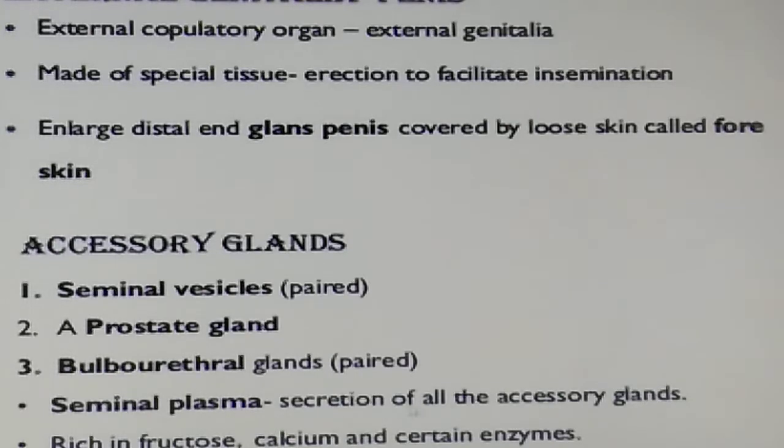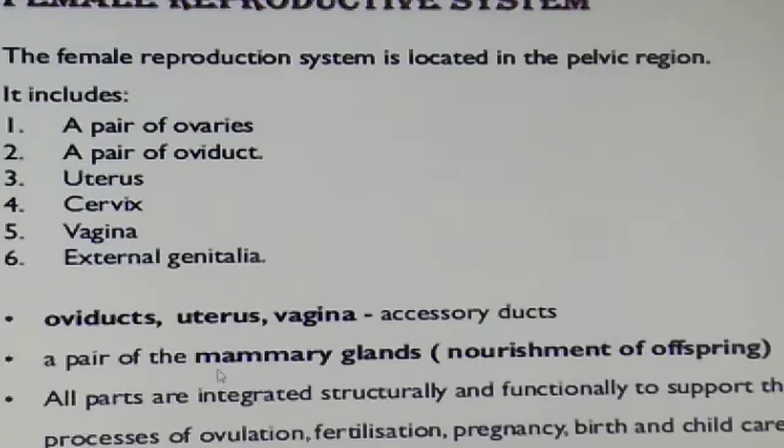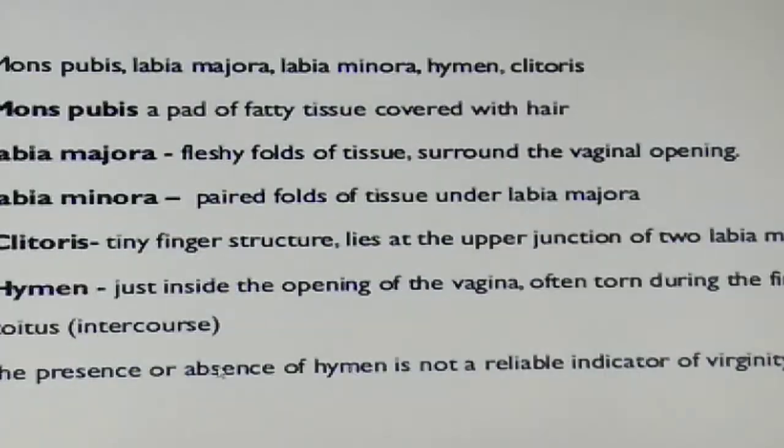Secretion of all the accessory glands that is rich in fructose, calcium and certain enzymes, and it also helps in lubrication of the penis. So the semen is this fluid which is released from the seminal vesicle, prostate gland and bulbourethral gland. So I'm going to show you all these glands now.